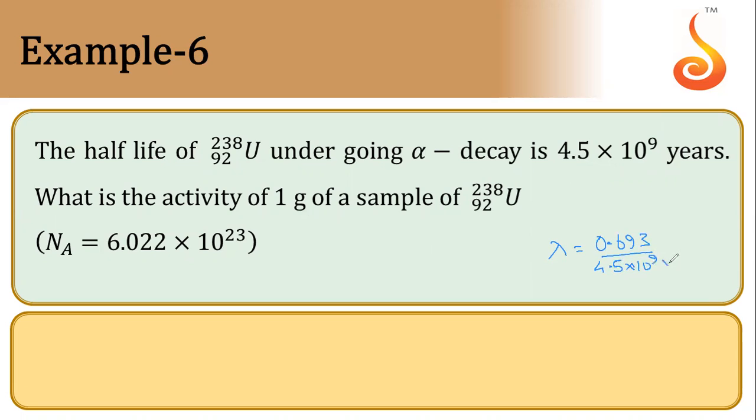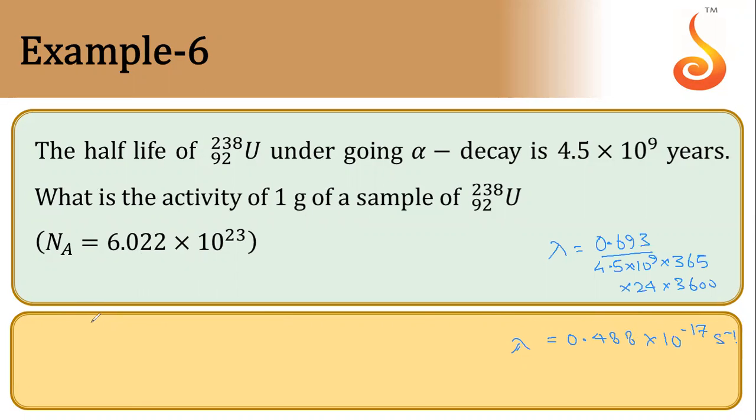Since it is in years, we have to convert years into seconds. So 365 days into 24 into 3600 seconds. On calculating this, you will get the value of lambda as 0.488 into 10 raised to power minus 17 second inverse.